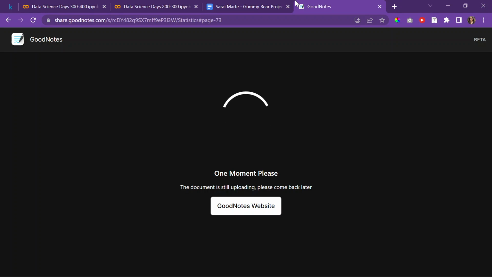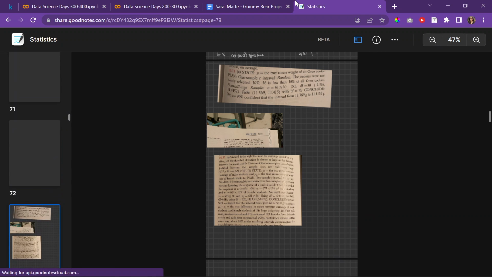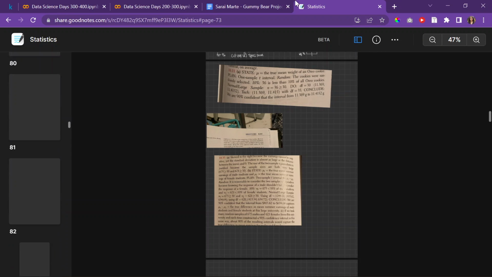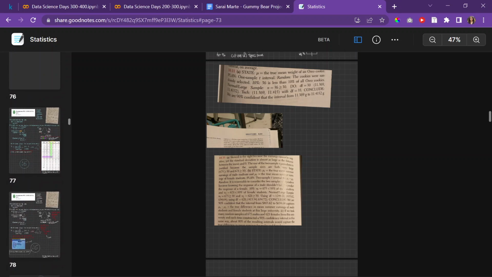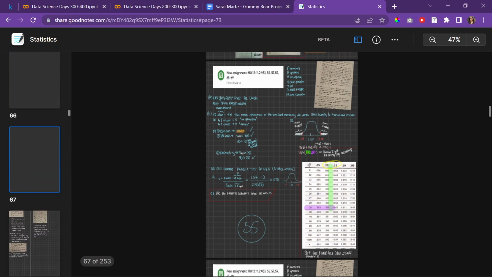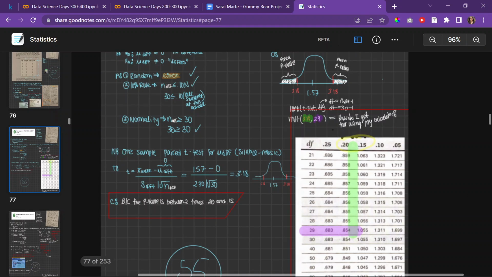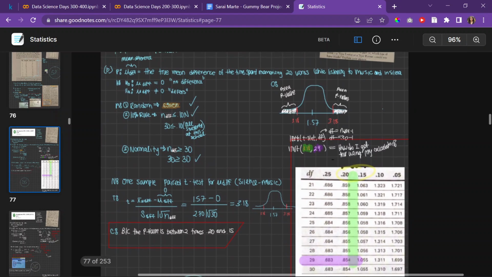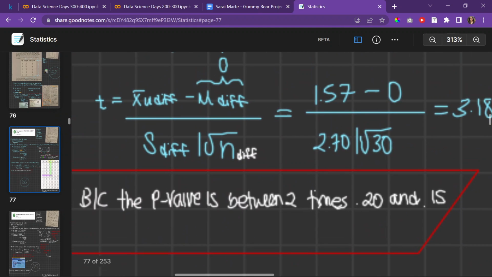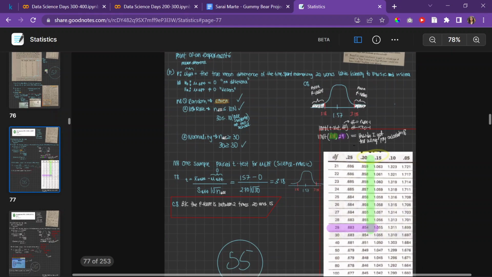Let's see if I can find it. It's where I started doing t-tests. Was this a t-test? Yeah, this was a t-test. Oh my God, would you look at that? It's a mu difference. Wow, that's cool.